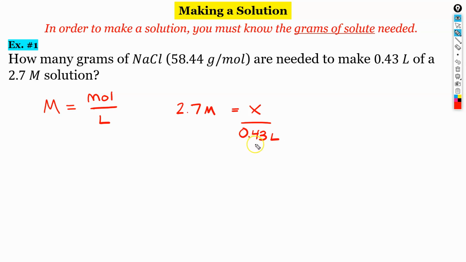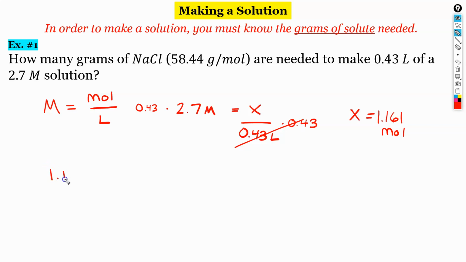So I'm going to multiply both sides by 0.43. 0.43 times 2.7 gives me an answer of 1.161 moles. Now, using that moles, we can do a one-step conversion to figure out the number of grams.